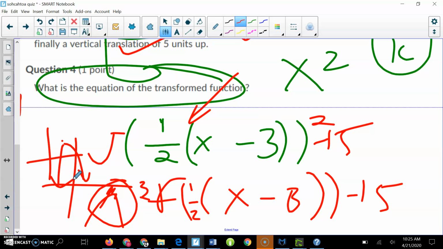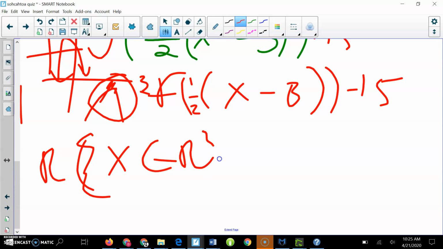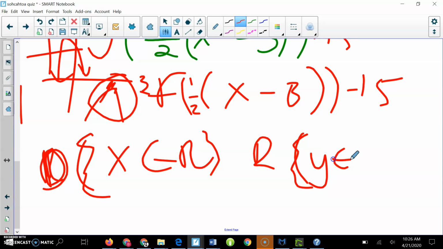So when I have my domain and my range, remember the domain, x, is the set of real numbers, and the range is the y value. In set notation, y belongs to the set of real numbers where, because it's opening down, y has something to do with 5.